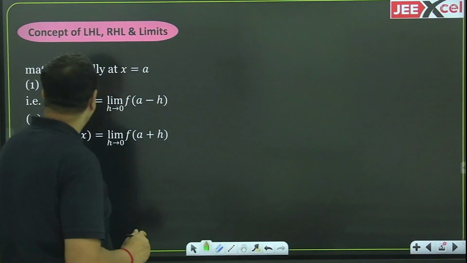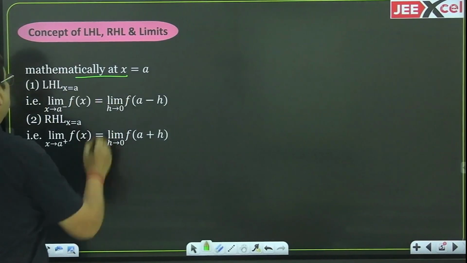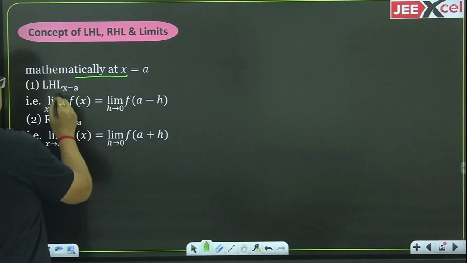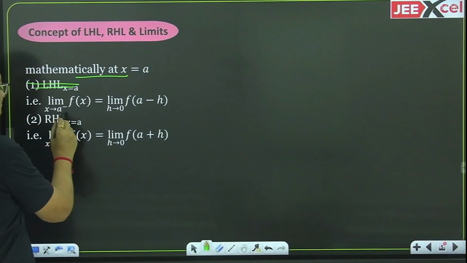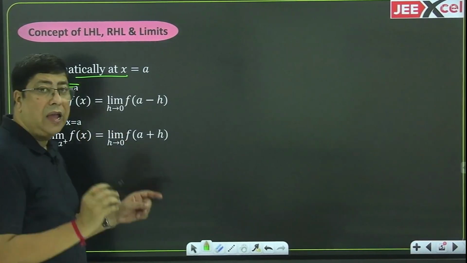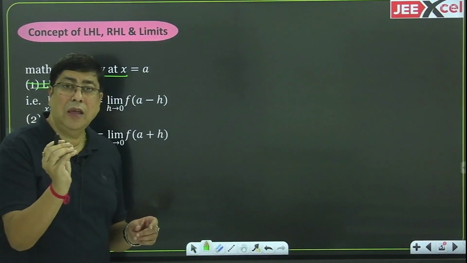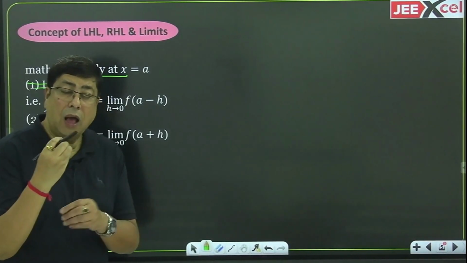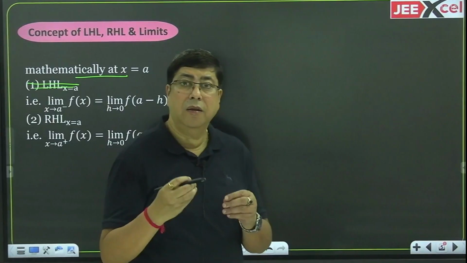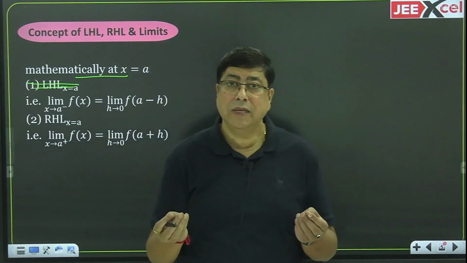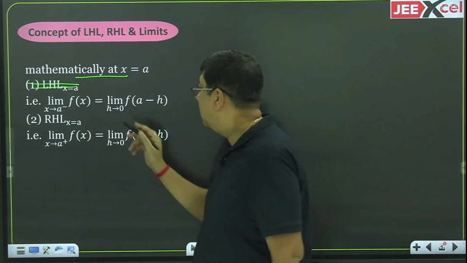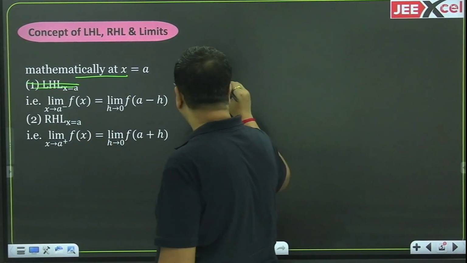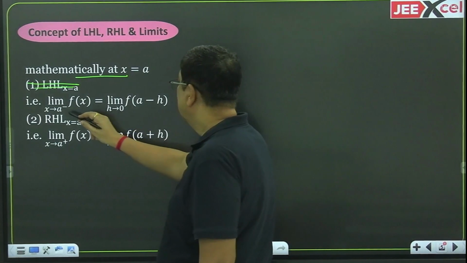Now let us go mathematically. So the left-hand limit, x tends to a minus, means h tends to 0, very near to the point. How will we represent that left-hand limit? When x tends to a minus, suppose x equals a minus h.